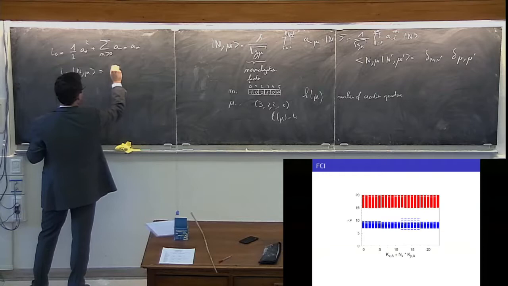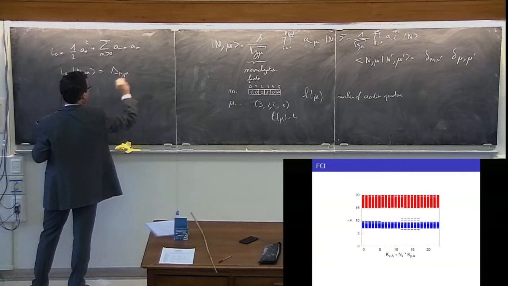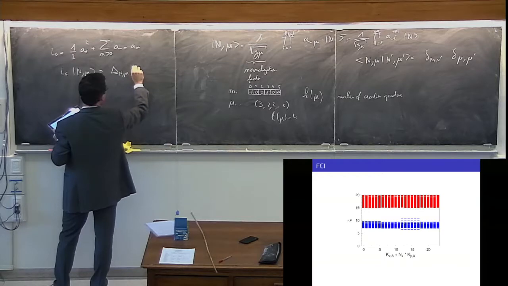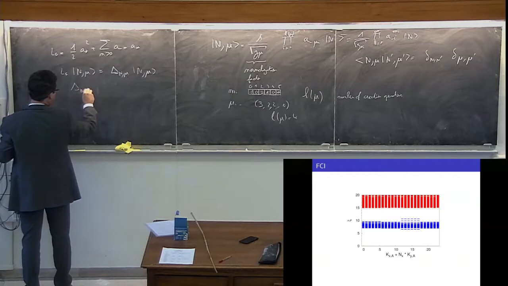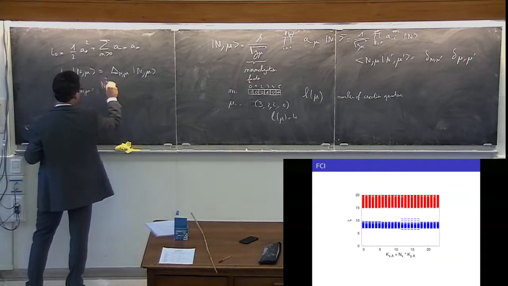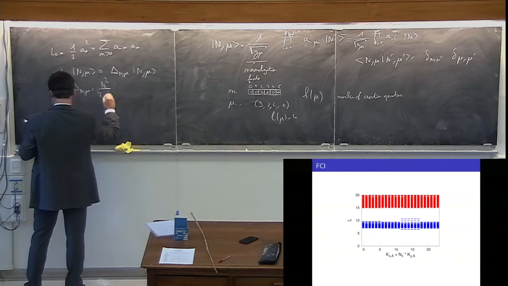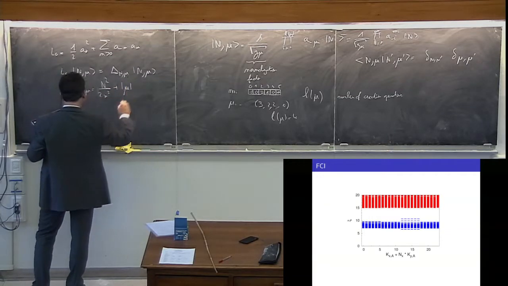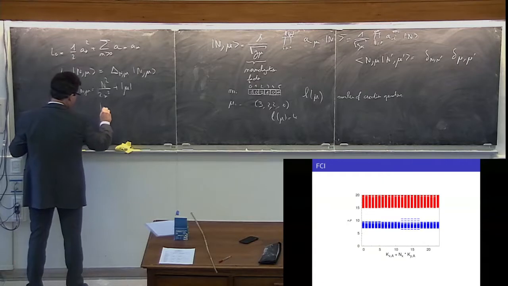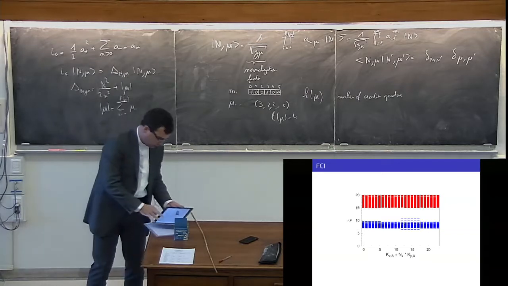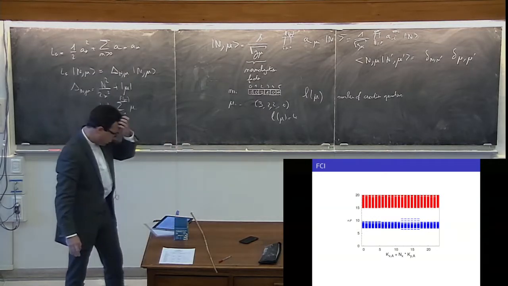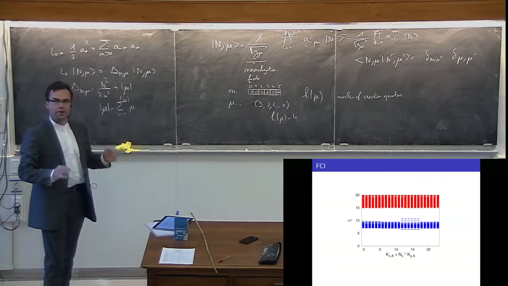So the conformal dimension of the descendants will be equal to delta nu and mu, with delta and mu being n squared over 2m squared plus mu, the norm of mu, which is just the sum over I equal to 1 to L mu of the mu I. Just the level of the CFT descendant. So now we have the Hilbert space. Good.